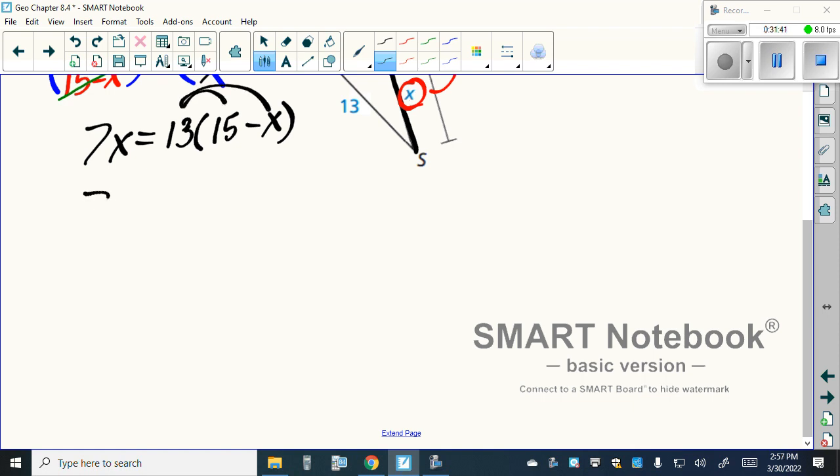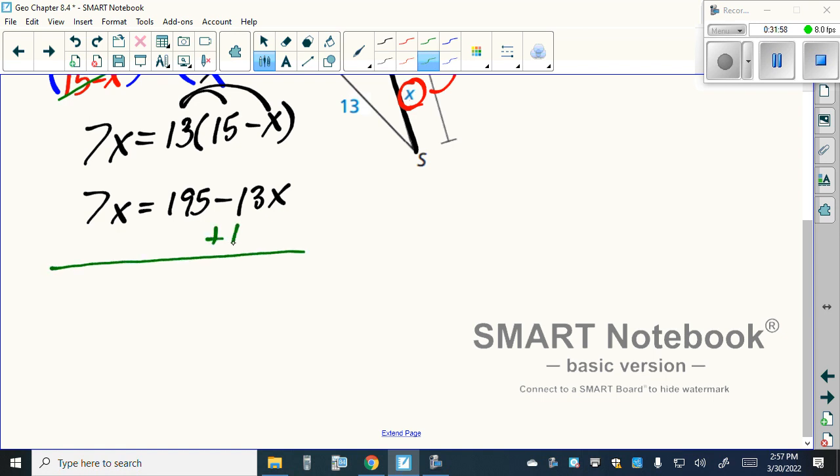Now, we can distribute the 13. Now, 13 times 15 is, one of y'all help me out, 195 minus 13x. Now, to get all the variables on the same side, we would add 13x to both sides.